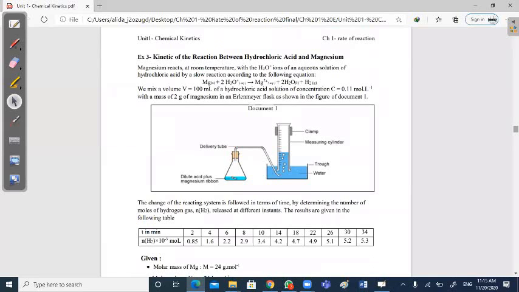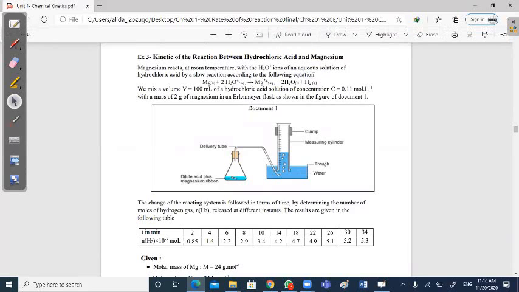Magnesium reacts at room temperature with H3O+ ions of an aqueous solution of hydrochloric acid by a slow reaction according to the following equation: Mg + 2H3O+ gives Mg2+ + 2H2O + H2. We mix a volume V equal to 100 milliliters of hydrochloric acid solution of concentration 0.11 mole per liter with a mass of 2 grams of magnesium in an Erlenmeyer flask, as shown in document 1.